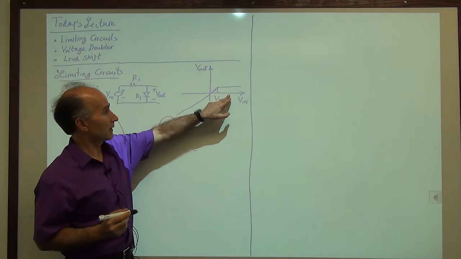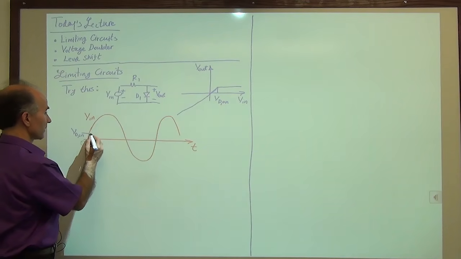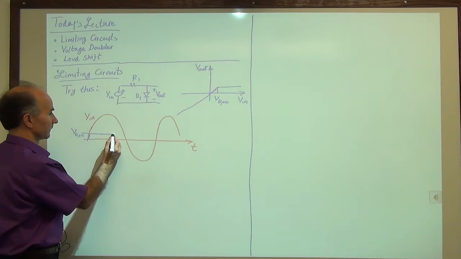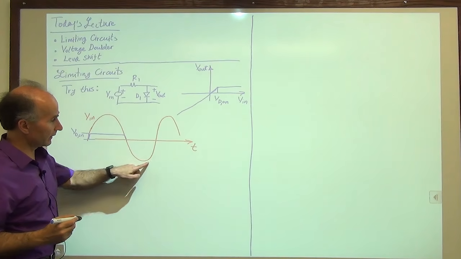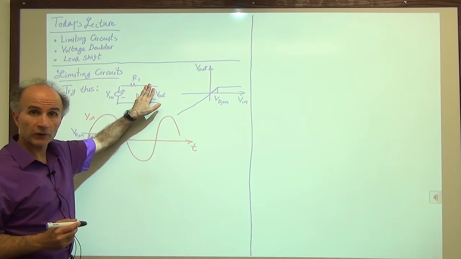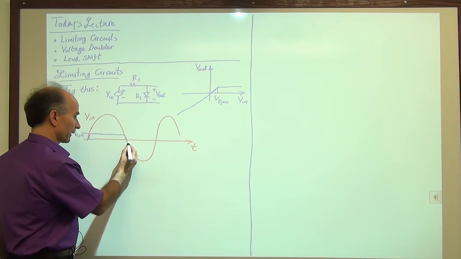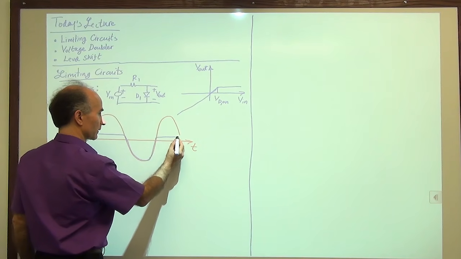Then the input is sufficiently positive, the diode is on, the output is just 1 diode drop. So here's 1 diode drop, and so on. Okay, now the input goes negative, the diode turns off, the input and output are equal, so we just track this, and so on. So this repeats.